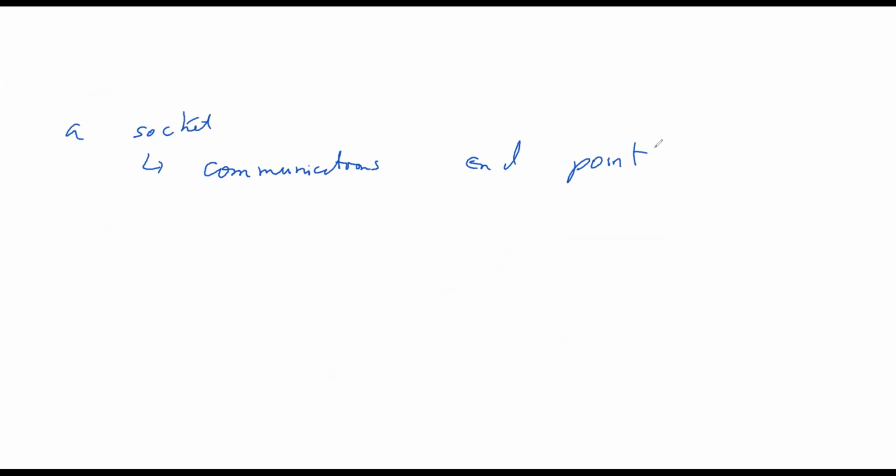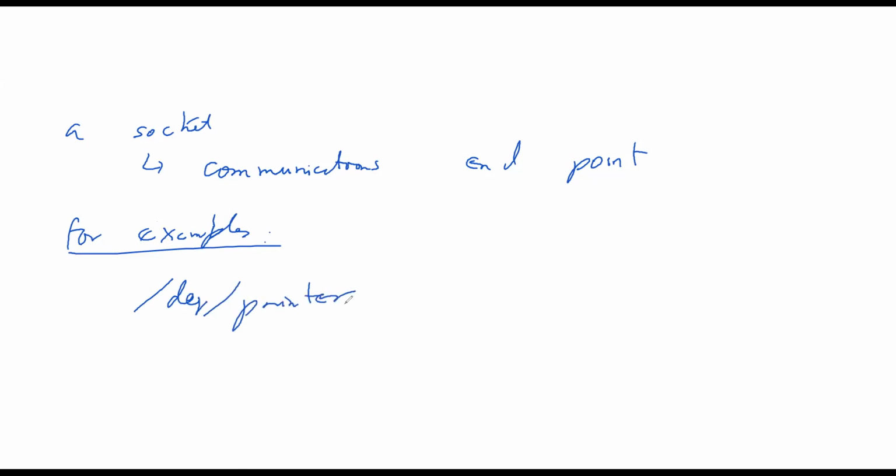So for example, in some systems, you might have a socket for the printer. It's going to be dev printer. It's really a file, technically, but it's nothing more than a communications endpoint, okay?